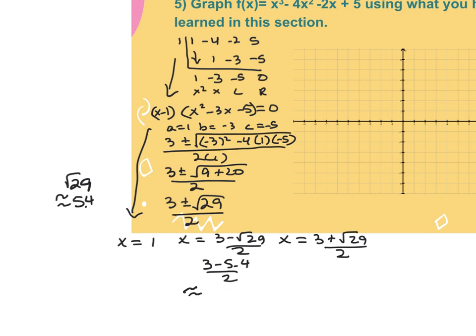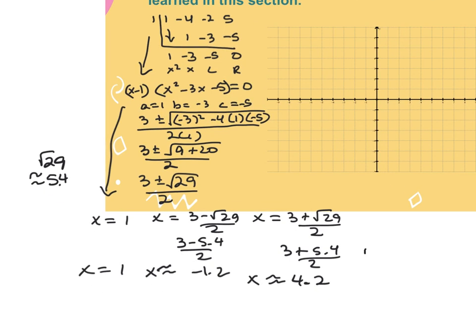And then over here, 3 plus 5.4 divided by 2 is approximately 4.2. So let me put the 3 zeros on my graph. And again, this has an odd multiplicity because each one occurs only one time.